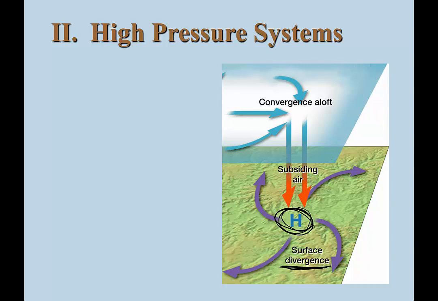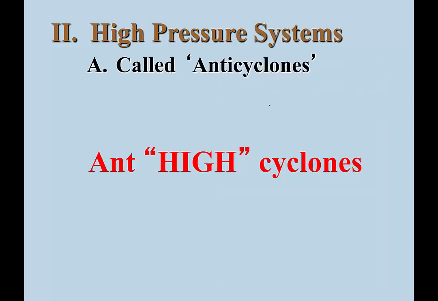So the term there again is divergence. At the surface we see divergence, and then up at altitude above that area we've got a convergence of air. Air coming together then sinks, falls to the surface, and undergoes divergence.